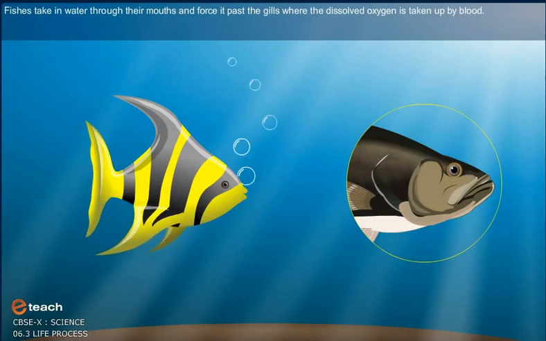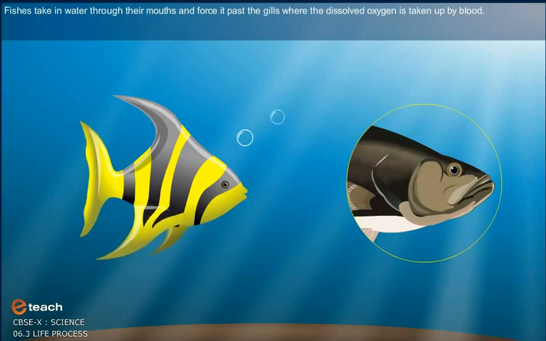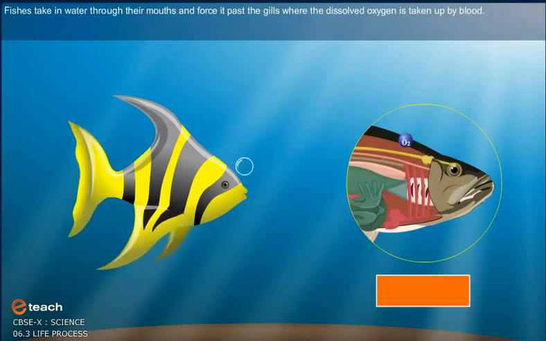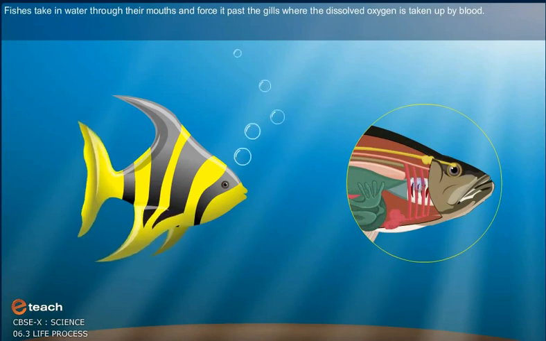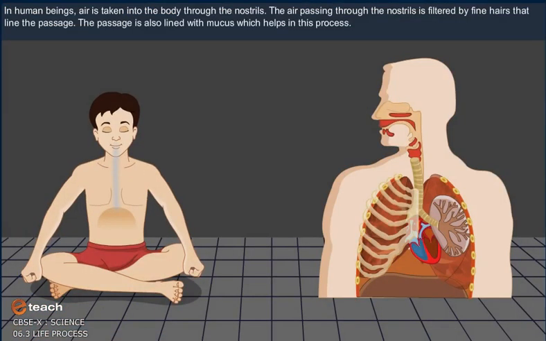Fishes take in water through their mouths and force it past the gills where the dissolved oxygen is taken up by blood. In human beings, air is taken into the body through the nostrils.